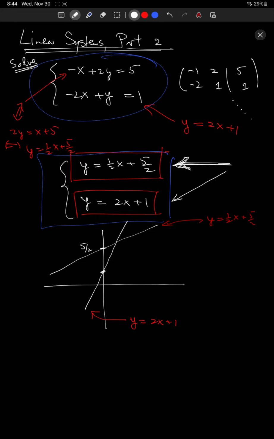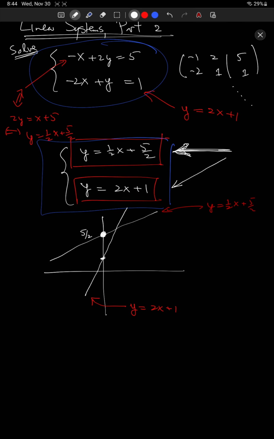So for example, x equals 0, y equals 5 over 2 represents this point on the line. Another one, x equals 2, when x is 2, y is 7 over 2. That represents another point on this line, all right? So every point that satisfies the first equation is a point on the line, all right?